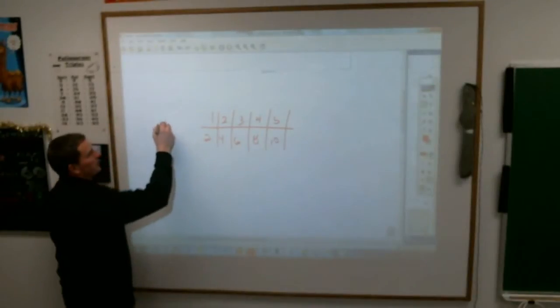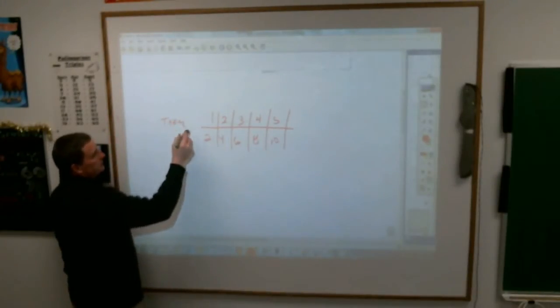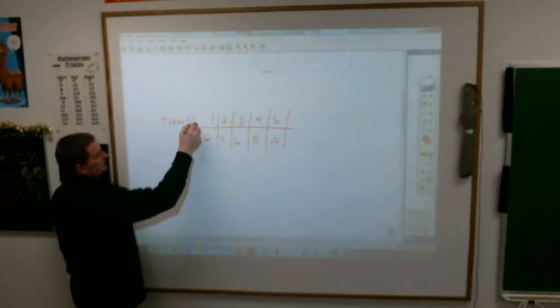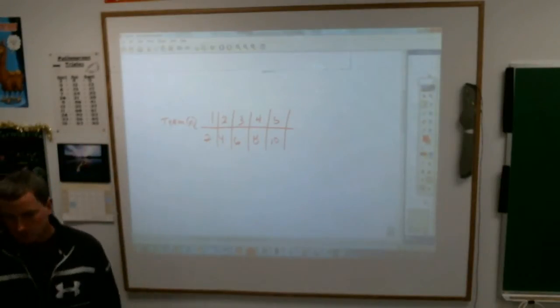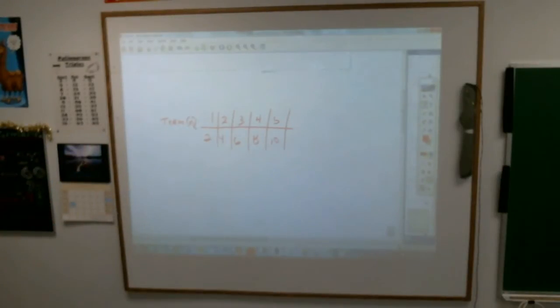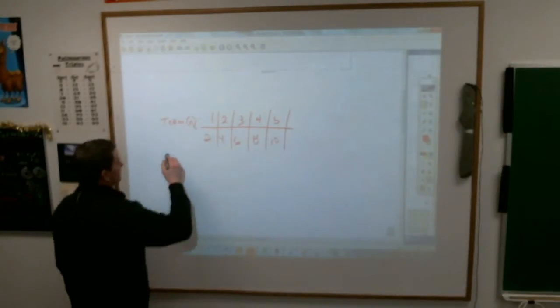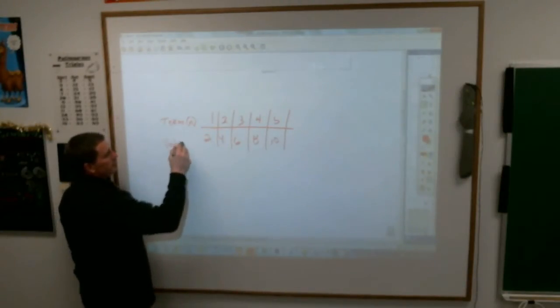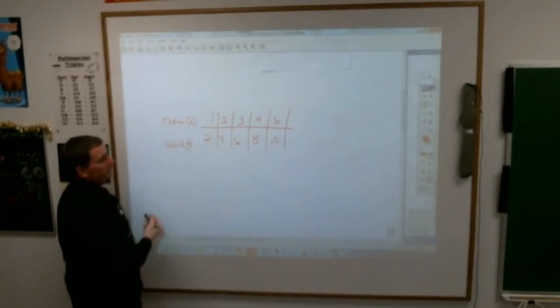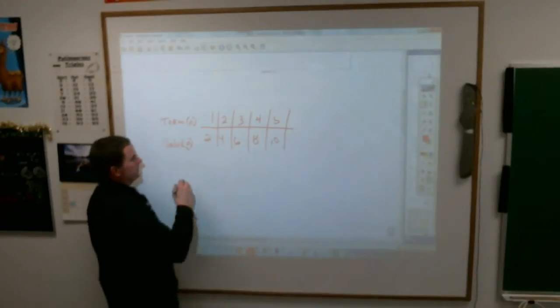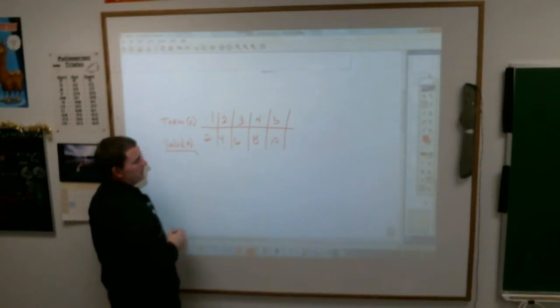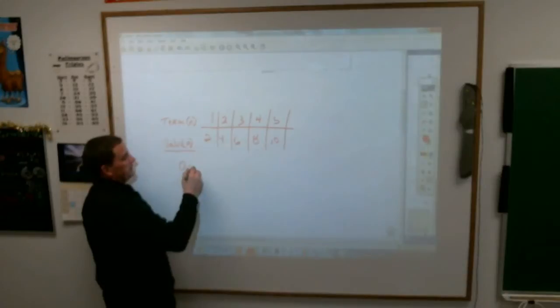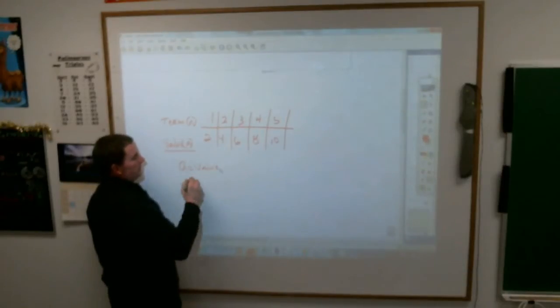Now, in math, for the term, we use the letter n in our formula. And for the value, we use the letter a. So the letter a is the value of the term, and the letter n is the number of the term.